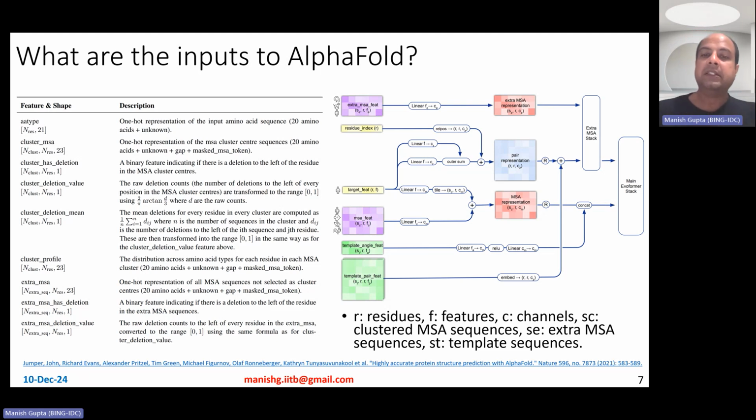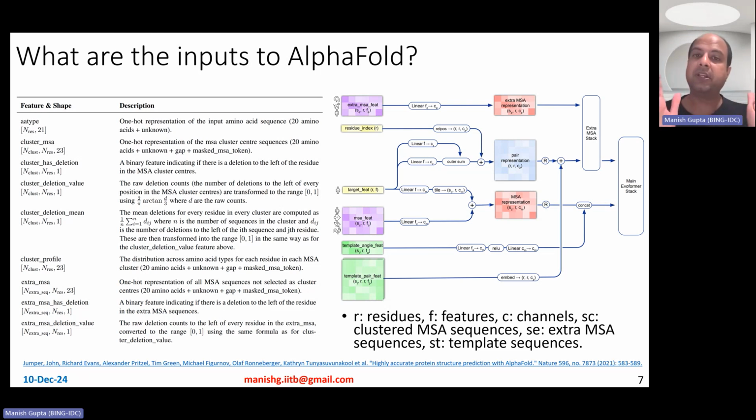Okay. Now, we already talked about what you can obtain from the original sequence. You can obtain these AA type features, but you can also obtain some relative positions. Okay, this rel-pos operator takes the original 256 residues and tries to figure out the relative position of these residues in the original protein sequence.